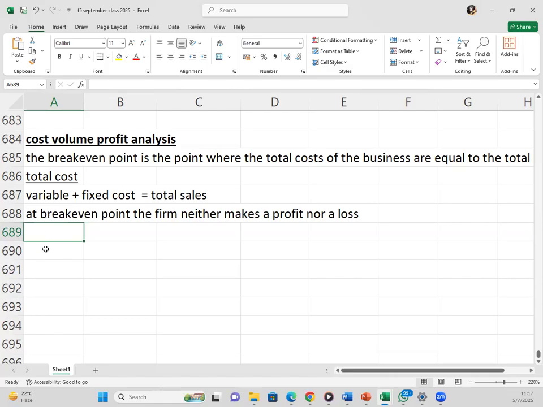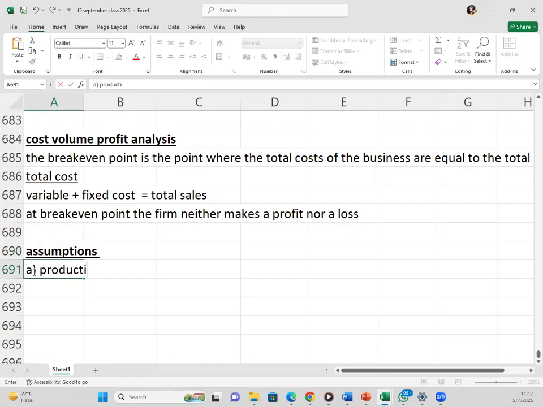So for us to identify the break-even point, there are assumptions we have to make. For you to come up with this point where we neither make a profit nor a loss, the first assumption is that all units produced are going to be sold. Production is equal to sales.